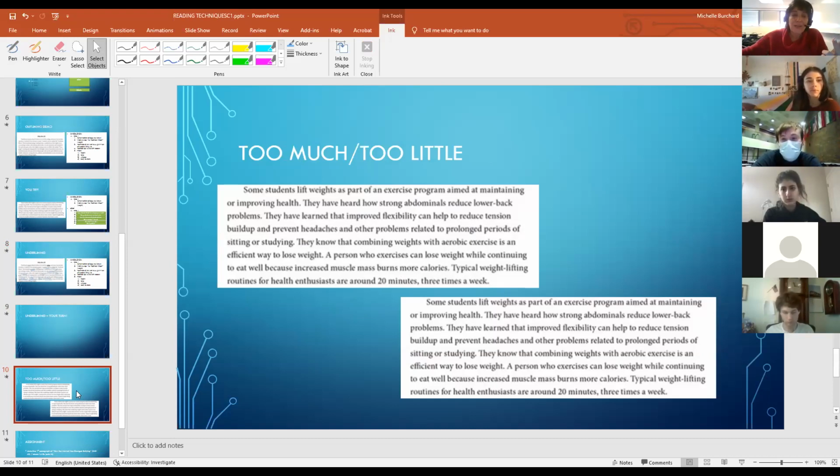Anybody who does not have this printed out, you can take a little snapshot of it right now. Let's see, how do you do that? Does anybody know? F2. Huh? So that you can read it and figure out that these both are the same paragraph. I'm going to show you what's too much and too little in a minute.